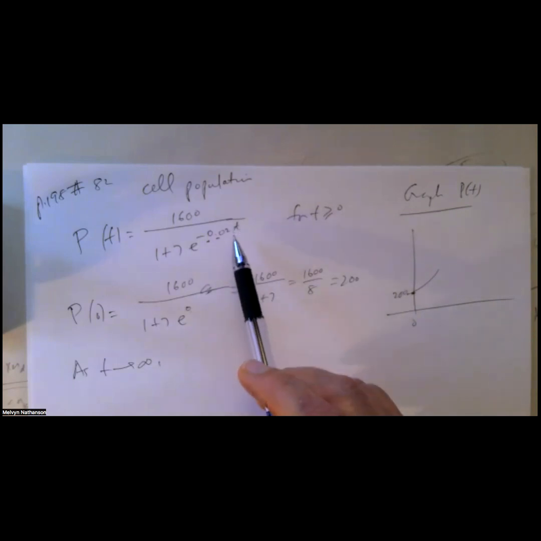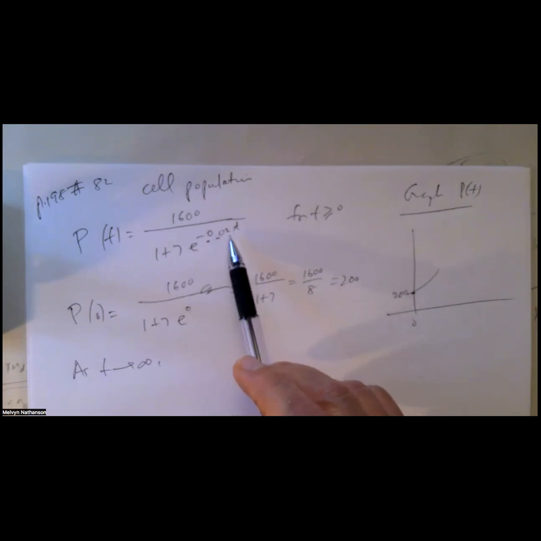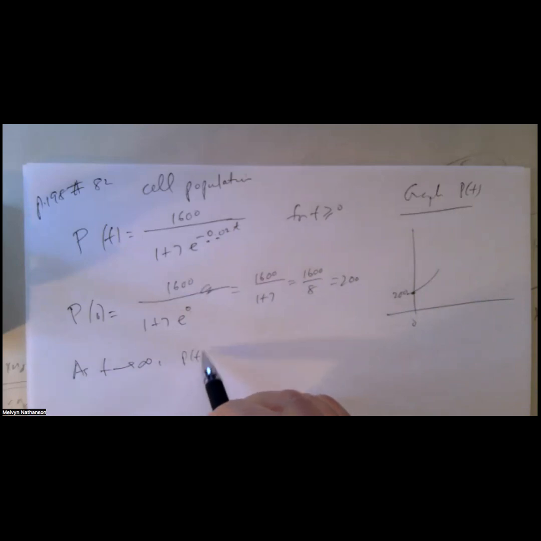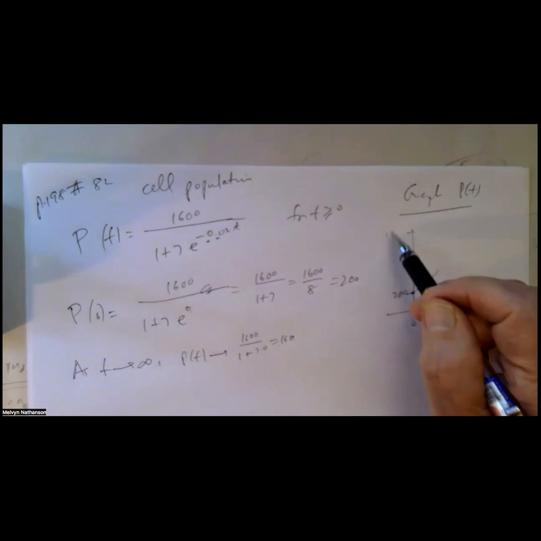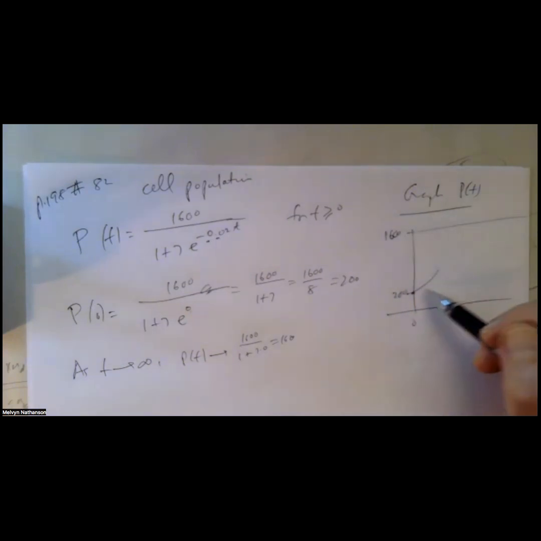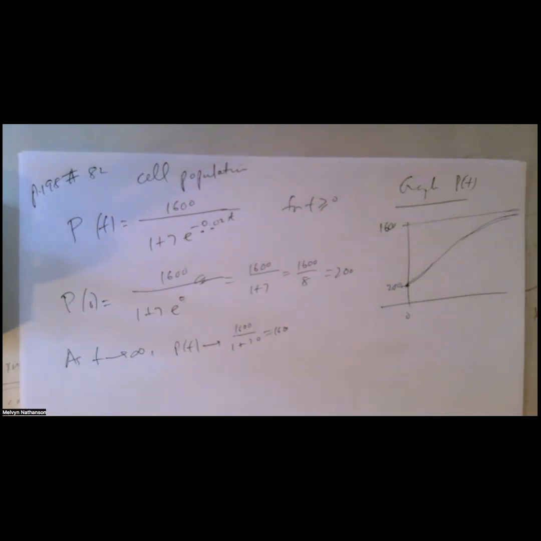And as t goes to infinity, e to the minus 0.02t goes to 0, so P of t approaches 1600 over 1 plus 7 times 0, or 1600. So this is increasing and getting closer and closer to a maximum population of 1,600. The graph of this function looks something like this.